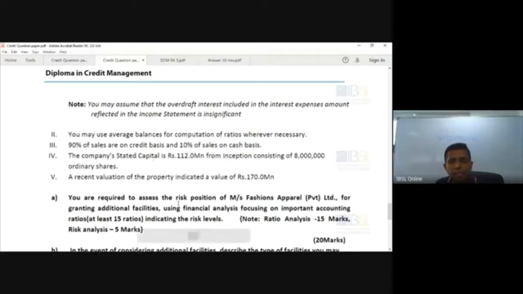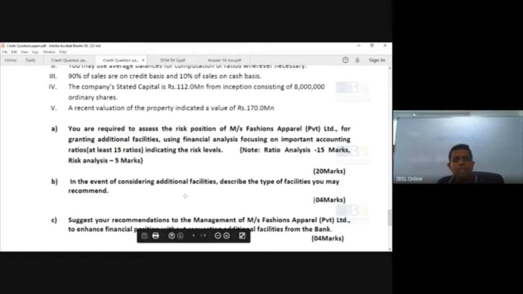Right. Now the requirement is you are required to calculate at least 15 ratios under different categories, and for each of the 15 ratios, 1 mark is given. Altogether 20 marks is given: 15 for ratios, 5 for risk analysis.